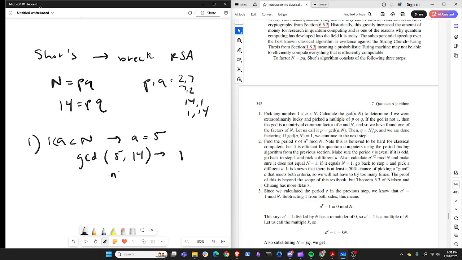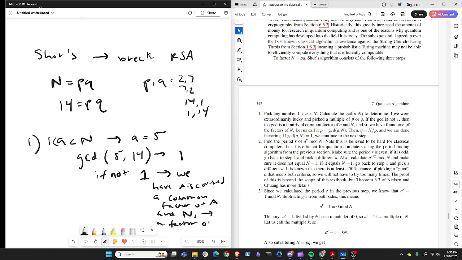If it's not 1, then we have discovered a common factor of a and n, and therefore we've discovered one of the factors, either p or q, of n. So if it equals 1, we continue to the next step.